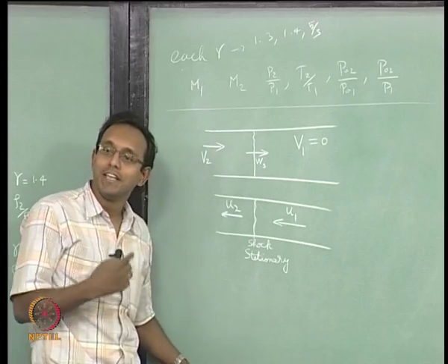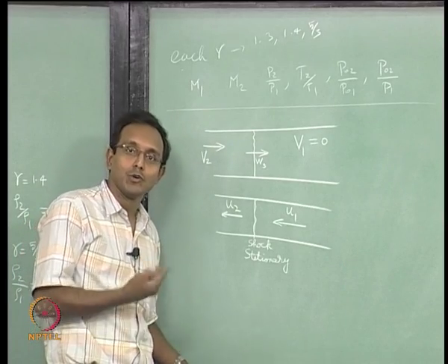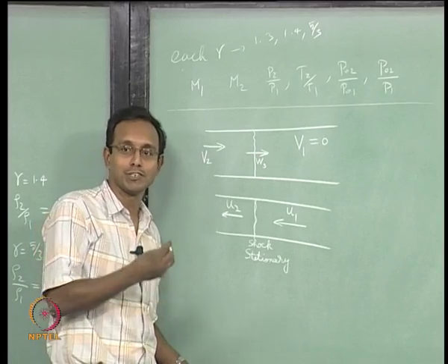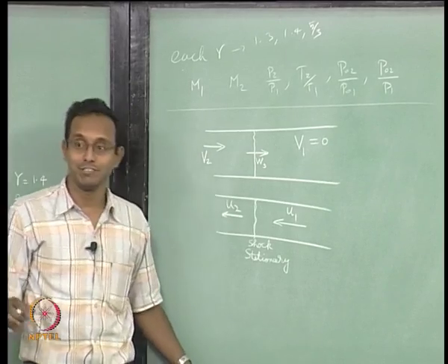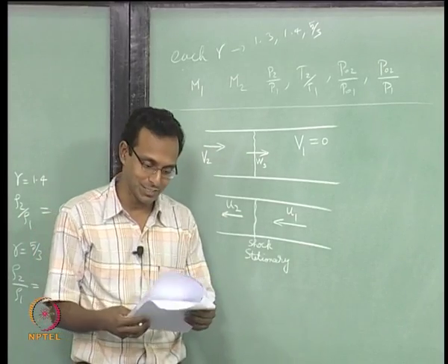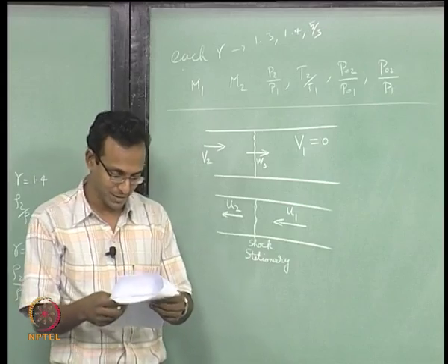And T2 by T1, P2 by P1, rho 2 by rho 1, those ratios of thermodynamic properties across the shock do not change with reference frame. So, I will just use the same ratios, that is a very important statement I am making here.